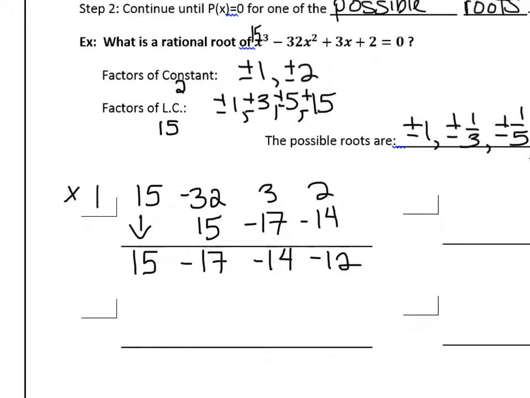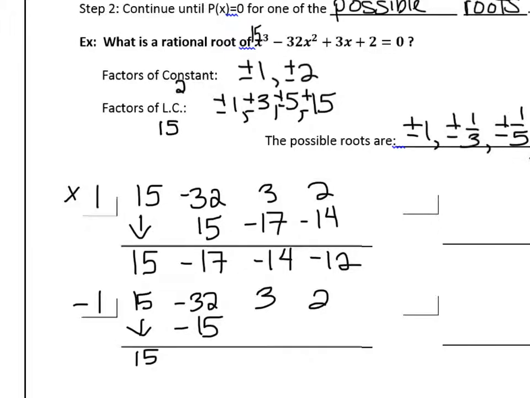Now I'm going to check the negative 1. We know that our coefficients on top are going to stay the same. 15 times negative 1 is negative 15.